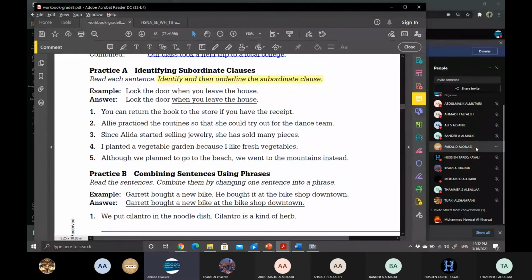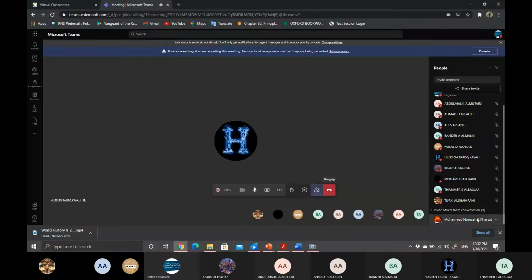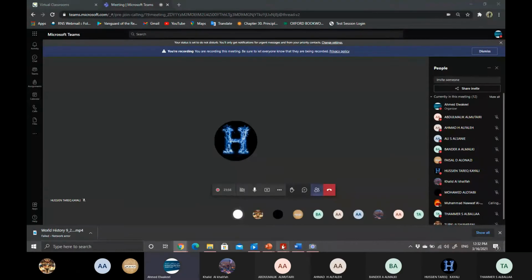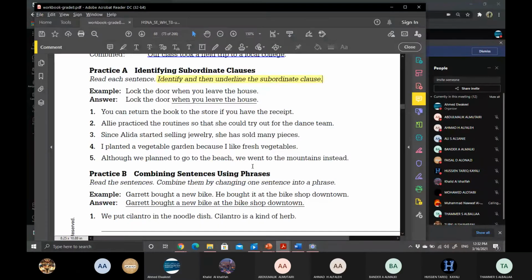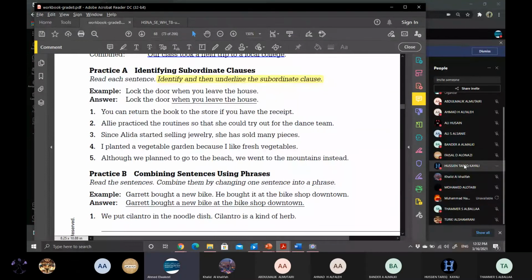So let's start with Khalid, number 1. Khalid is unavailable. Muhammad Al Wataibi. Yes, teacher. Number 1, Muhammad, identify and underline the subordinate clause.